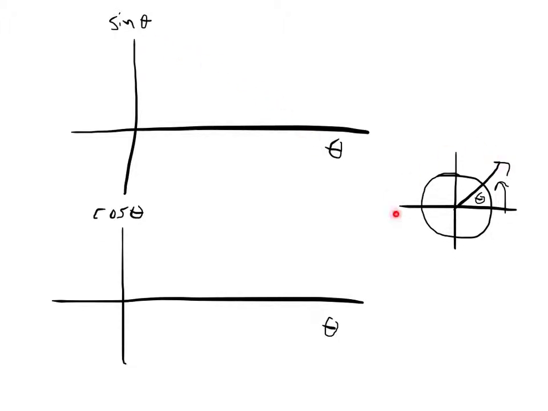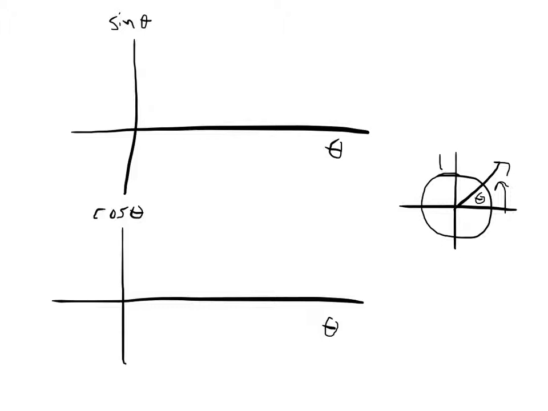If I consider my angle in standard position, as theta increases positively, and we're going to think about it in terms of radians, the sine is the y-coordinate, and I begin at 0. That y-coordinate increases, and if this is the unit circle, it heads to 1 when I get to pi over 2.